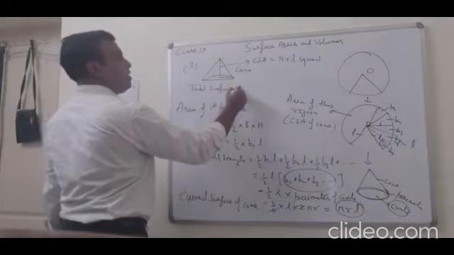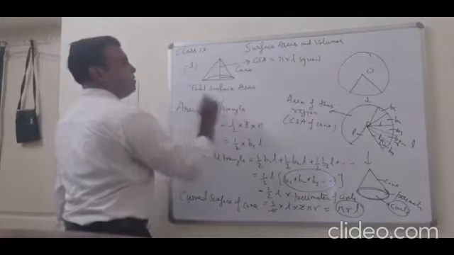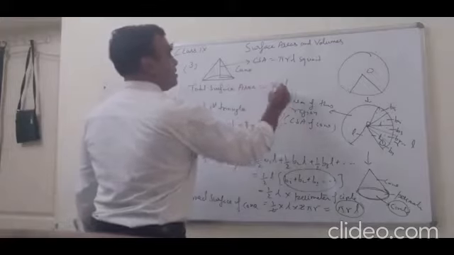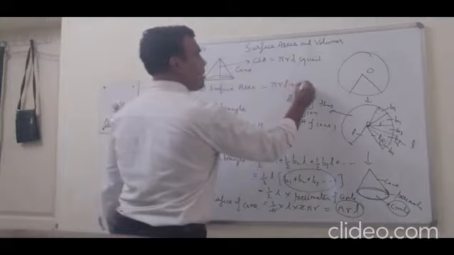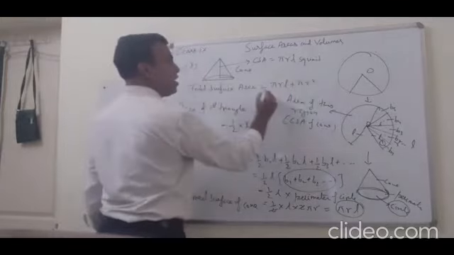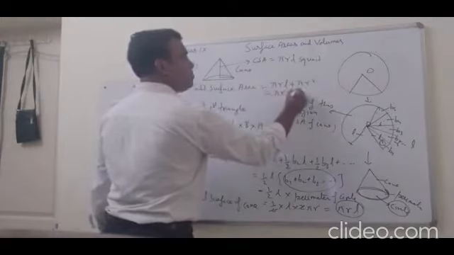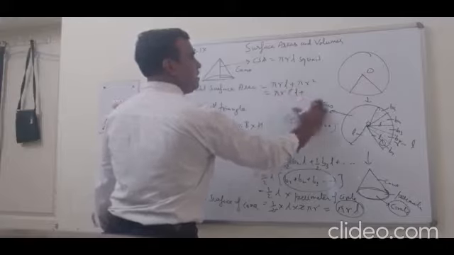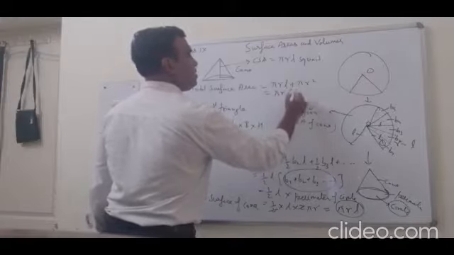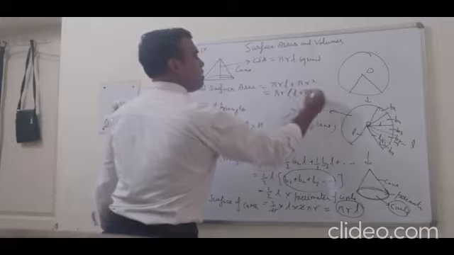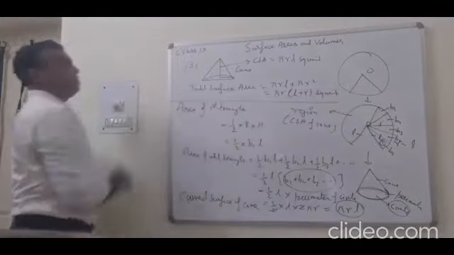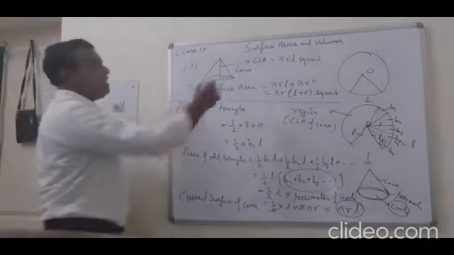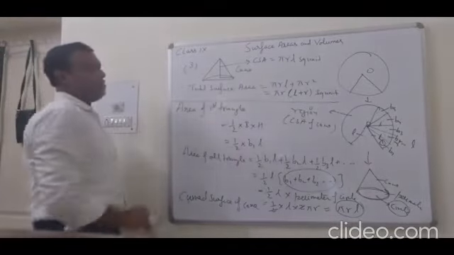It is pi r L plus the area of base. Area of base is pi r square. Now take out pi r common, it becomes pi r (L plus r) square unit. So this is the CSA of cone, and this is the TSA of cone.